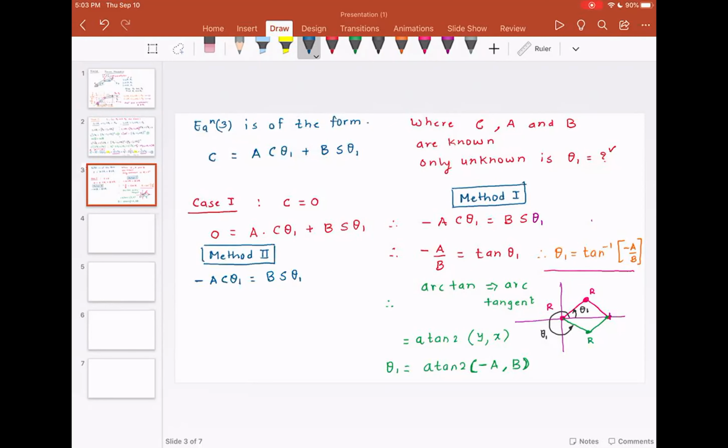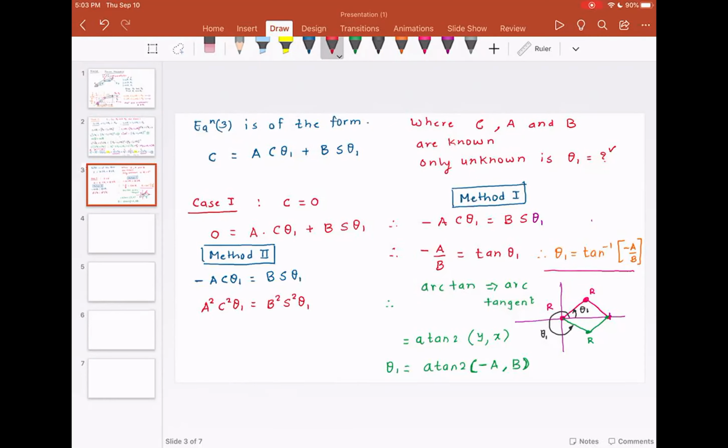So a cosine theta 1 is equal to b sine theta 1. I'm going to square both sides. So when I square both sides, I would have a square cosine square theta 1 is equal to b square sine square theta 1.